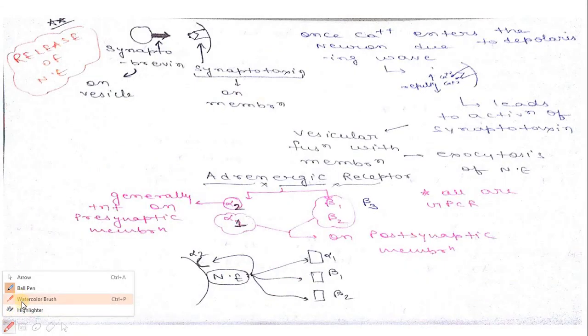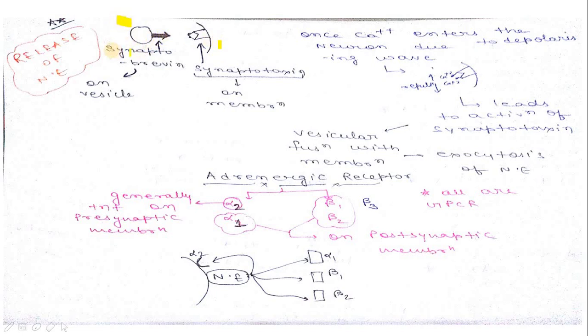Now see here, norepinephrine is formed and stored in the vesicle, and now the norepinephrine-containing vesicle will come and fuse with the presynaptic membrane. Suppose this is the diagram I am showing. This is the presynaptic membrane and this is the vesicle.